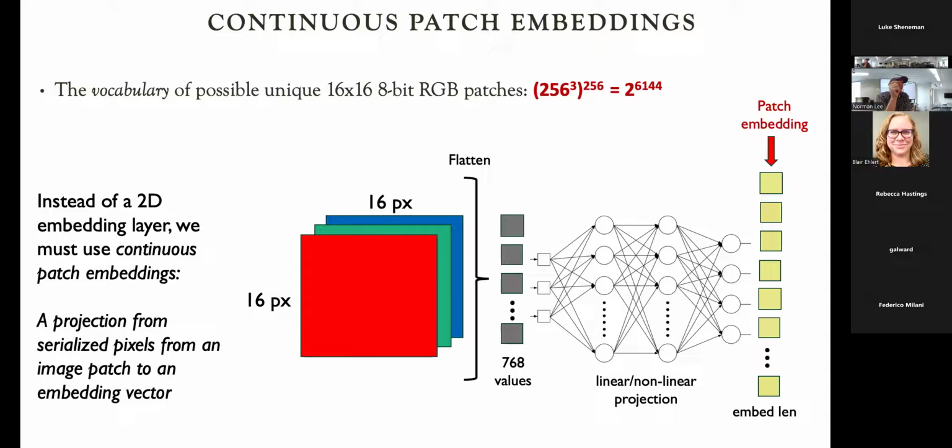But in the case of images, a 16 by 16 red, green, blue patch has some crazy amount of possible outcomes, right? It's actually 2 to the 6,144, which is a crazy number. So you can't have a discrete, static vocabulary. What you do instead is create what they call a linear, or sometimes nonlinear, projection, which is really just a function that you learn.